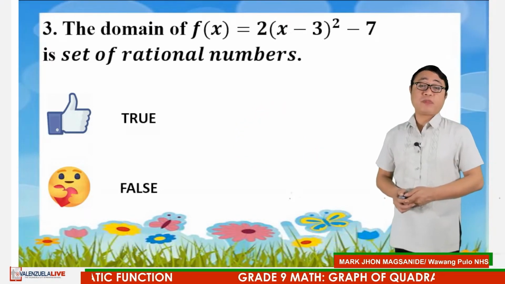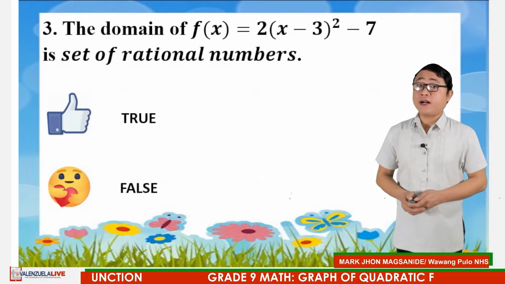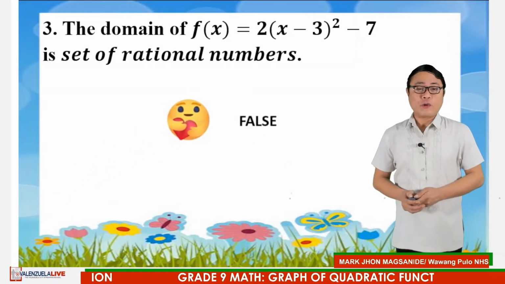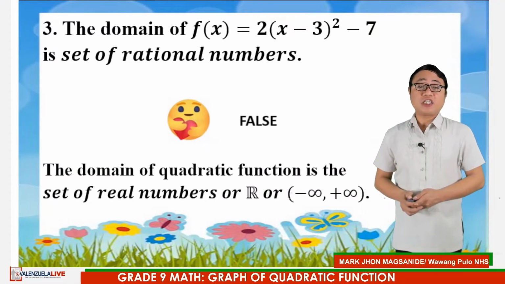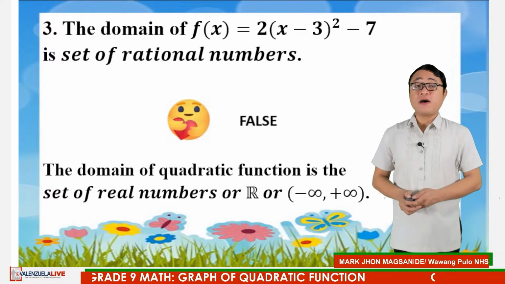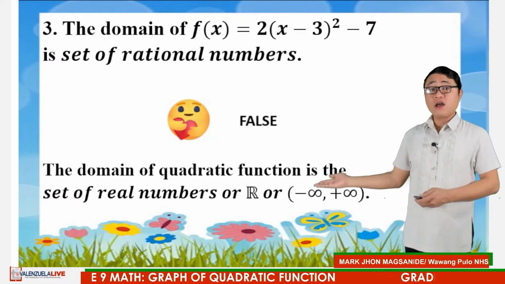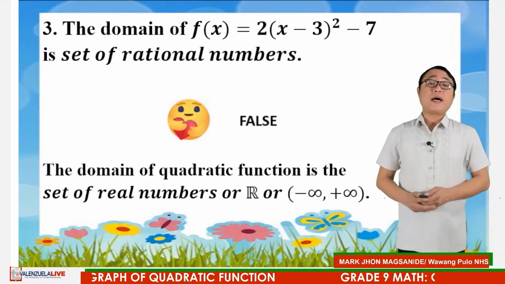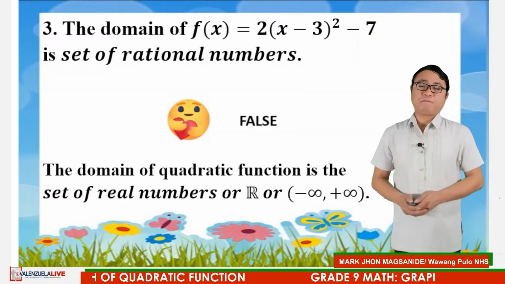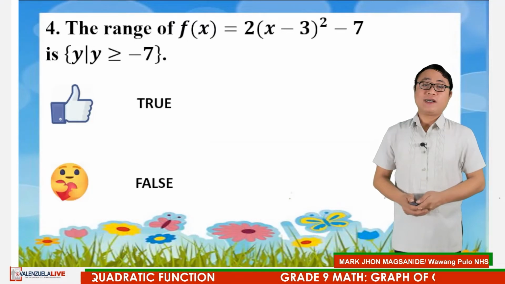Time is up. If you answered care, you are correct. False. The domain of a quadratic function is the set of real numbers, or in symbol, R, or the notation negative infinity to positive infinity.